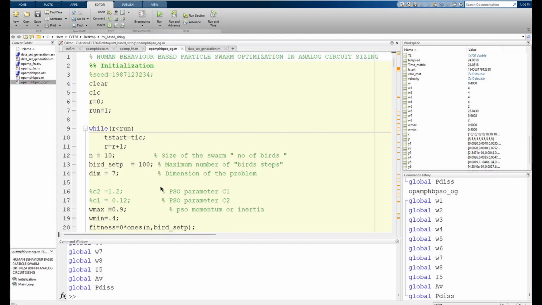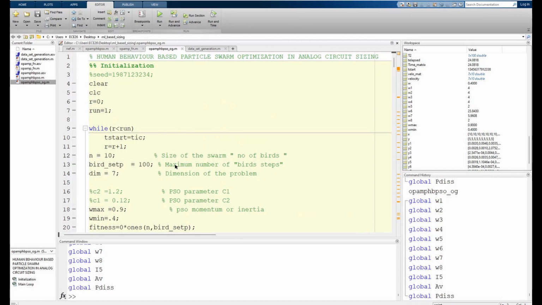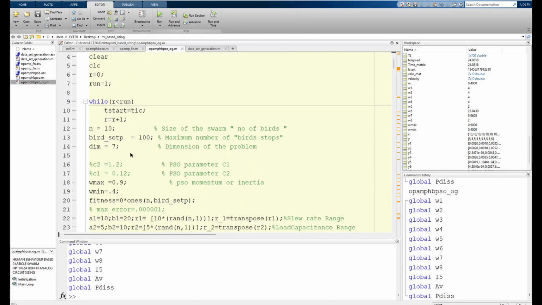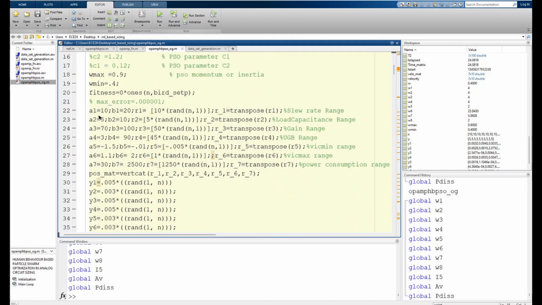This is the MATLAB code for a human behavior particle swarm optimization for analog circuit sizing. These are the initializations. I have used 100 iterations; you can use more. The step means the number of iterations you require, and this is the dimension, meaning the problem's dimension, actually the parameters. I have put 7 dimensions, a1 to a7, and these are the ranges.